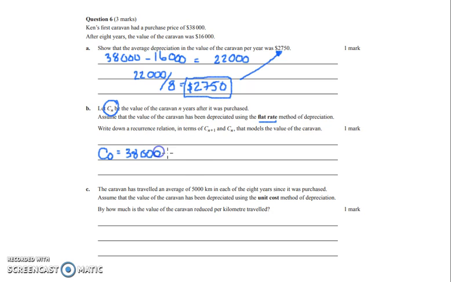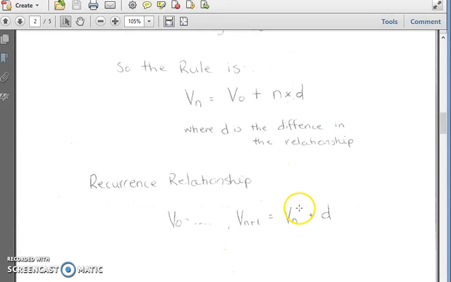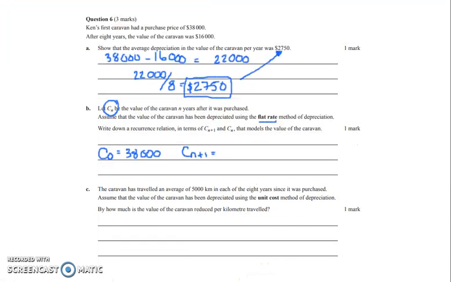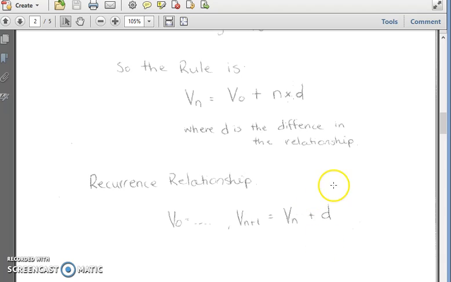$38,000. And then Cn plus 1 equals, the first part we put in is the variable. So we're using C, but in this they said Vn, so we use the variable Cn. And then we've got plus D. So D is represented by the difference.